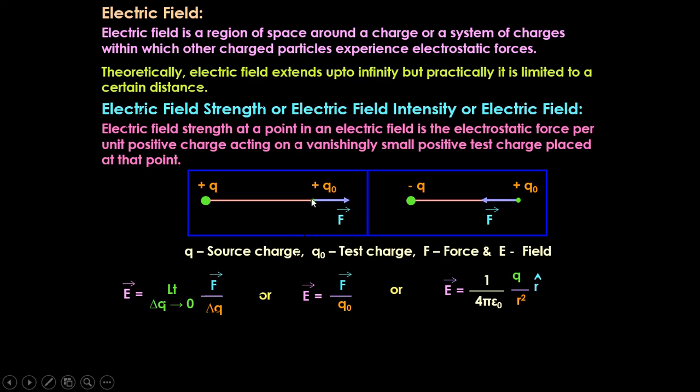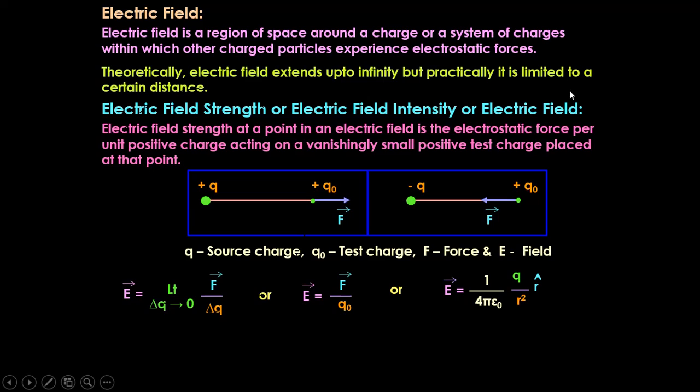This is the source charge, and this is the test charge. So electric field equals 1 upon 4 pi epsilon naught, Q upon R square, multiplied by R cap, because I am expressing this electric field in vector notation. This is an expression of electrostatic force, but for two charges: one is the source charge Q, another is Q naught, whose value is 1, and the distance between the two charges is R. In that case, it is 1 upon 4 pi epsilon naught, Q into 1 divided by R square.